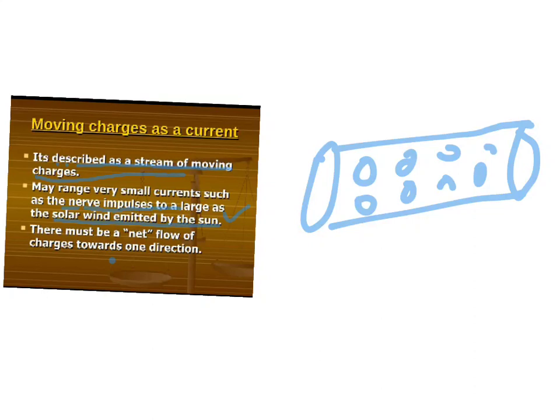Earlier I put forward a definition of electric current, that electric current is electrons in motion. Whenever the electrons are in motion, they will generate electric current.